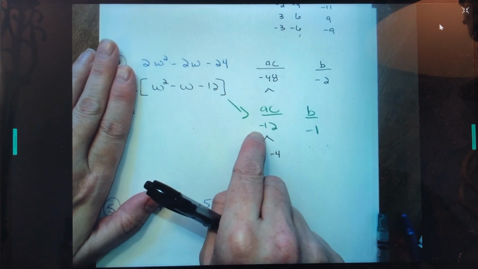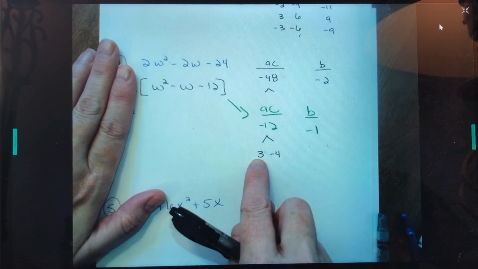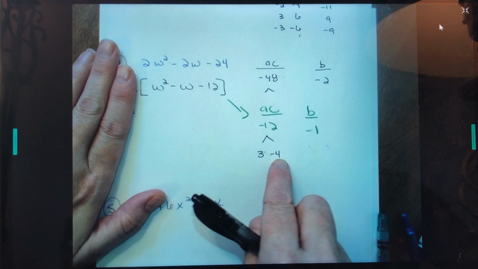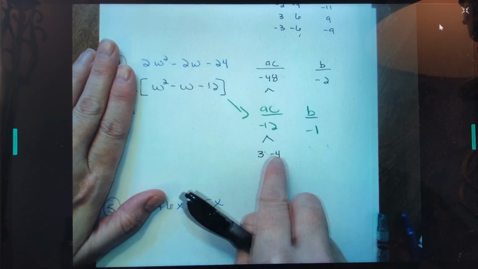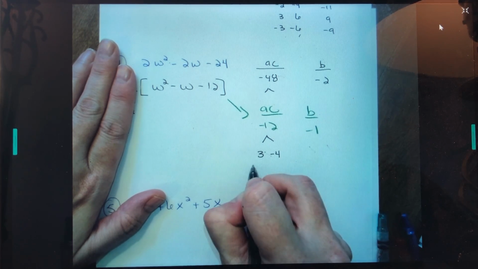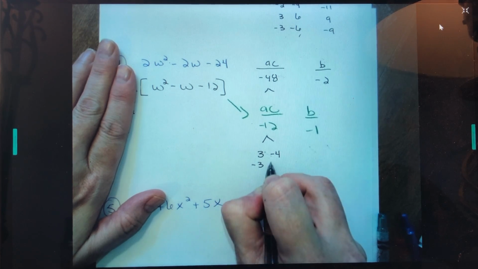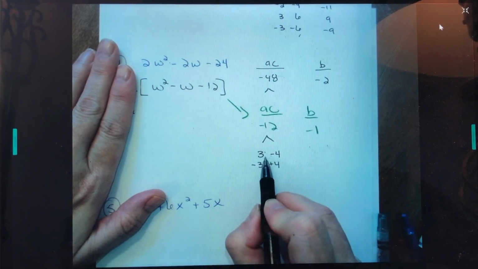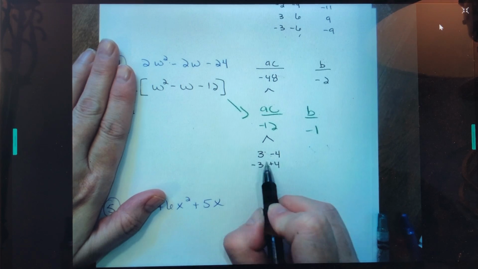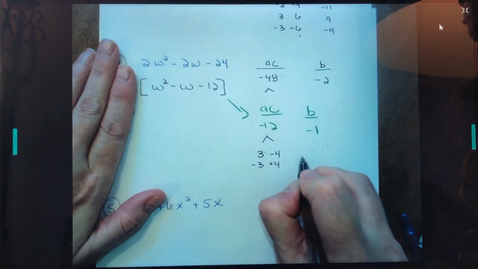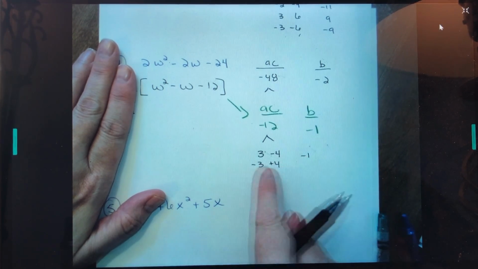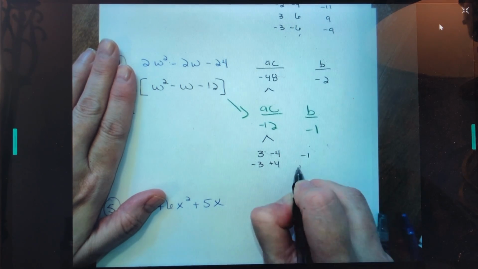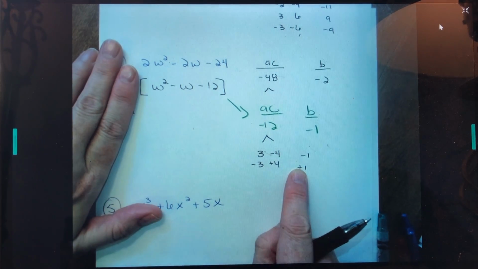When your A times C is a negative number, that means one of the factors is positive and one is negative. So I have a positive 3 with a negative 4, or I also could think of negative 3 times positive 4. But when I add them together, this particular pairing is what adds to a negative 1, which is what I was looking for. This one would add to a positive 1, so that's not the correct one.